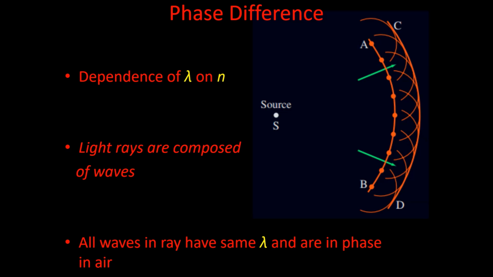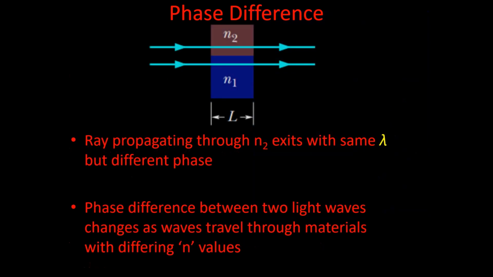That means there's no path difference here. When we talk about path difference, this will also bring about a difference in phase. So here we have monochromatic light, both of the same wavelength, impinging on two different refractive indices, N1 and N2.